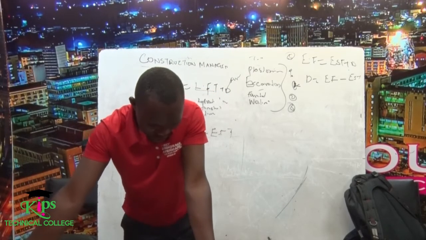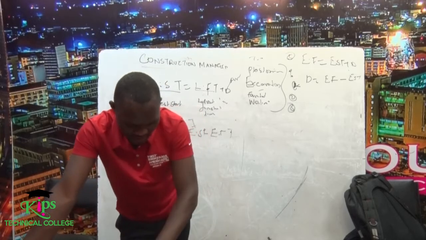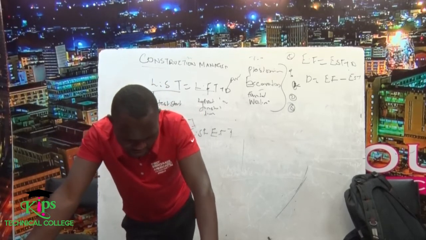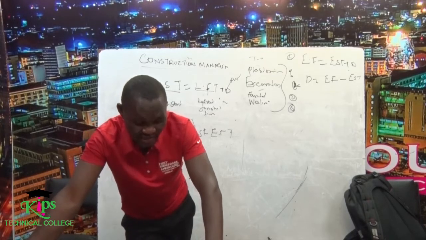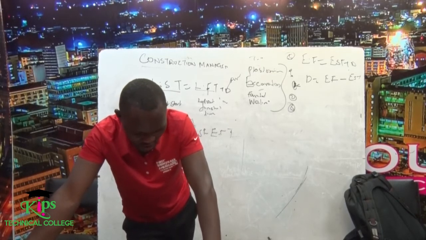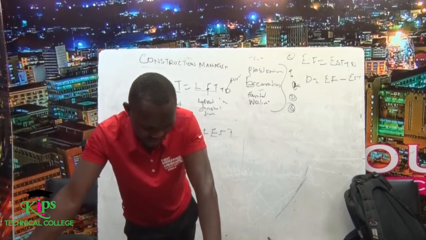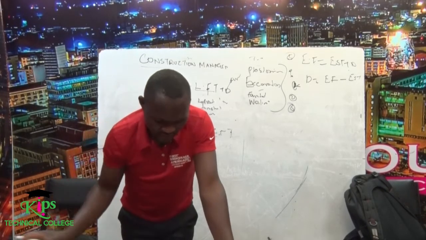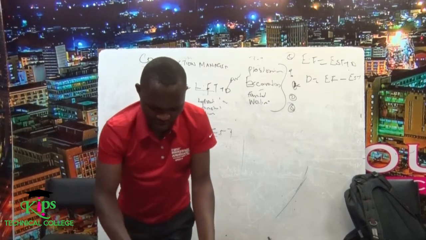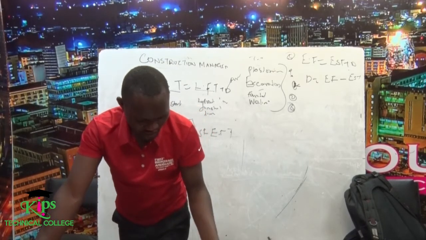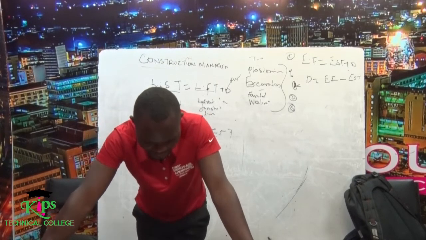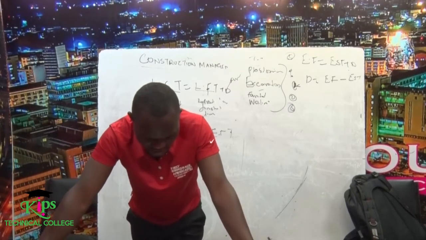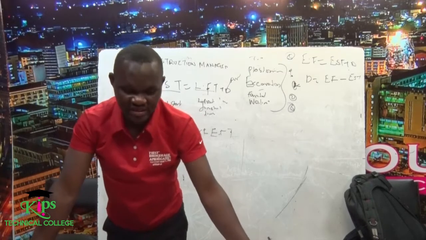Then we have the critical path, which represents a series of activities that has zero float time, and it determines the maximum time required to complete the project. Then you have the forward pass, which states the earliest time at which activities can be finished, adding the durations that the activity will take before the next activity begins.